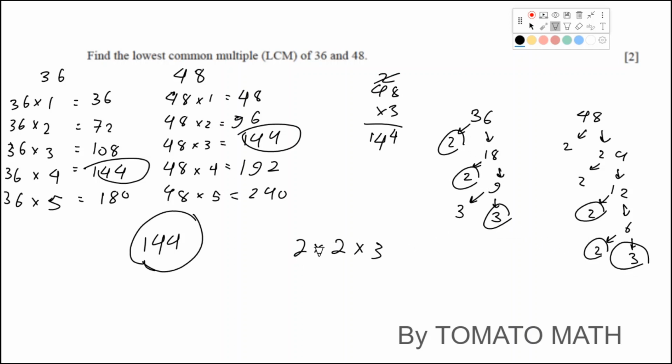And then 2 times 2 times 3, and then just write the numbers that are the rest of it, so times 3 times 2 times 2. Put that in the calculator, and you'll get 144, which is the same thing.